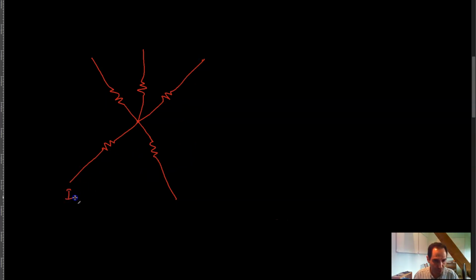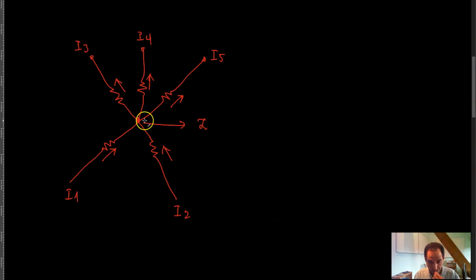Let's call this I1, I2 in this direction, and let's call this I3, I4, and I5. These are in the other direction, meaning that relative to this node, let's call it Z, I1 and I2 are coming in, and I3, I4, and I5 are going out of the node.